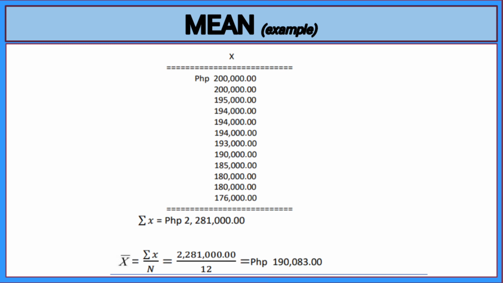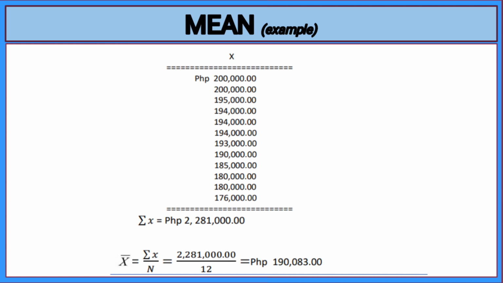So thus the mean value of 190,083 pesos represents the total picture of the distribution of the annual incomes. So this means that in a more or less appropriate fashion, it describes the entire distribution.